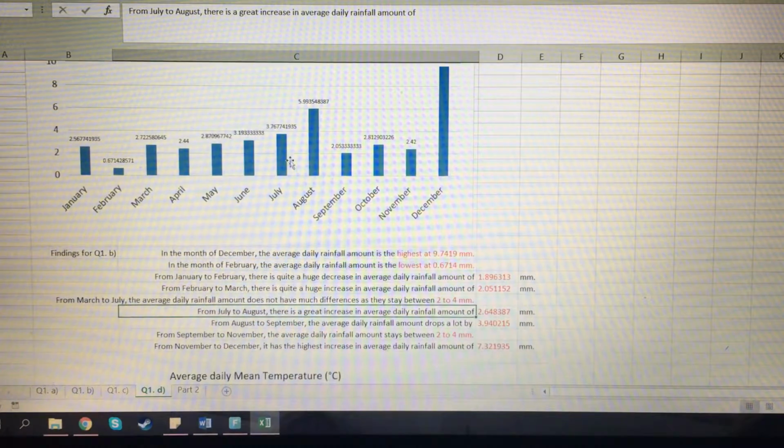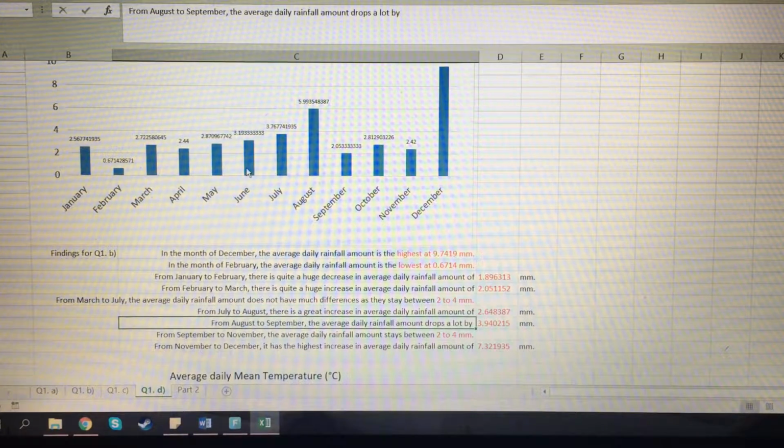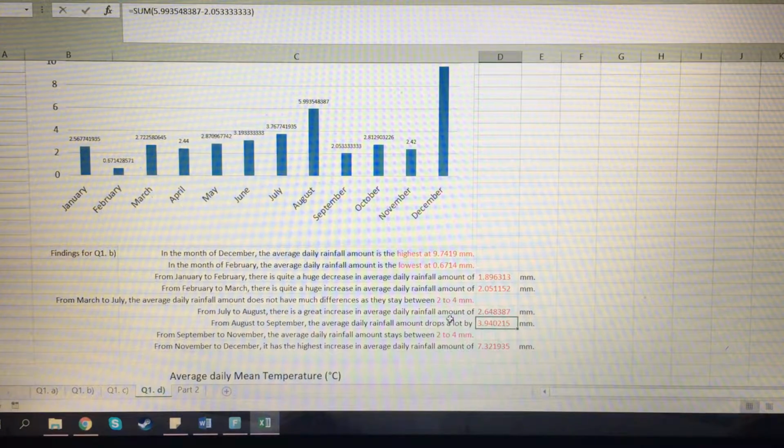From July to August, there's a great increase in average daily rainfall amount, as you can see here. And then from August to September, the average daily rainfall amount drops a lot by 3.940215 mm.